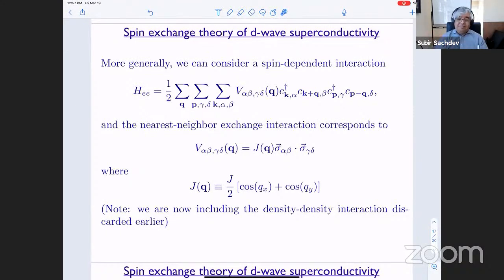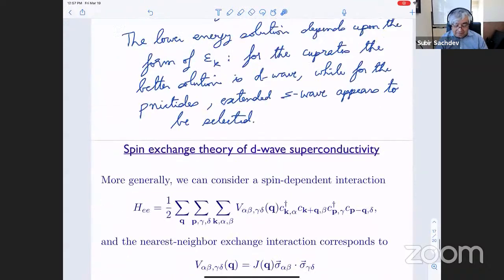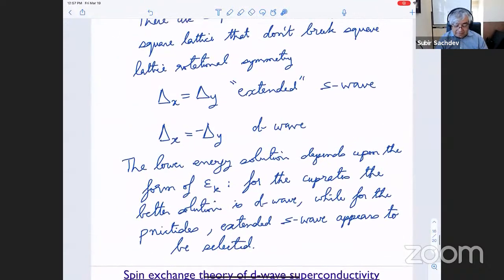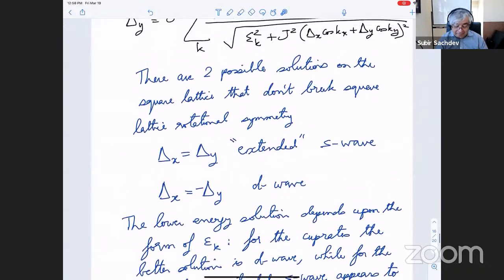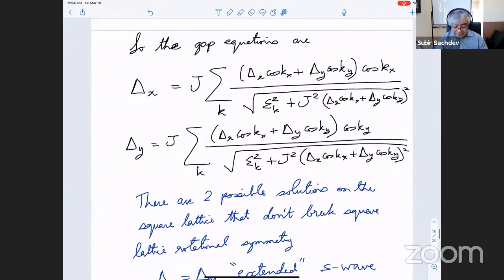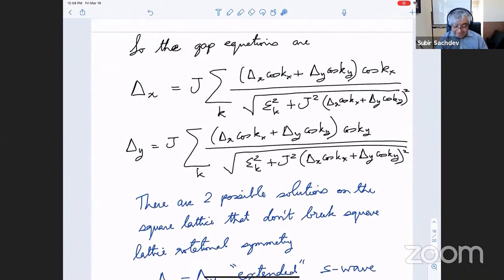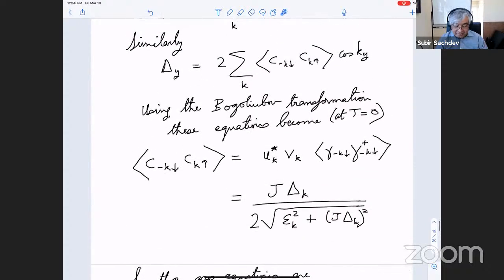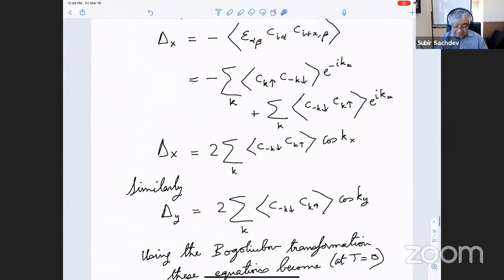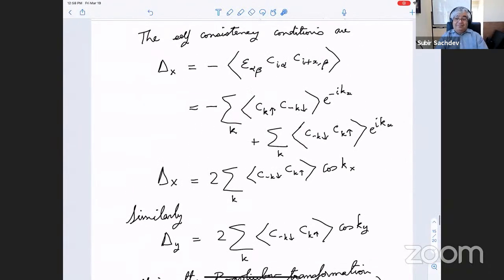And then we minimized the energy, and you found that theta of k had to be the same for all k. So here also, in a very general theory, you could imagine taking a delta x and a delta y of k. And here, in fact, I just assumed that they're not functions of k because of the nature of the way I did the BCS theory.